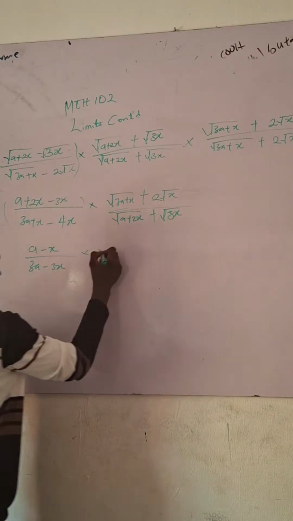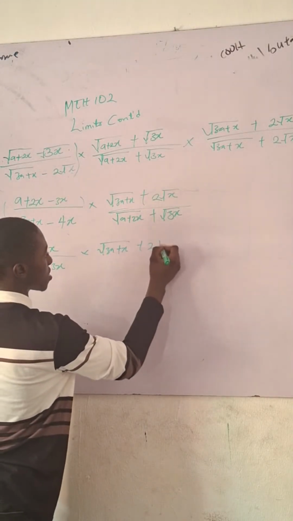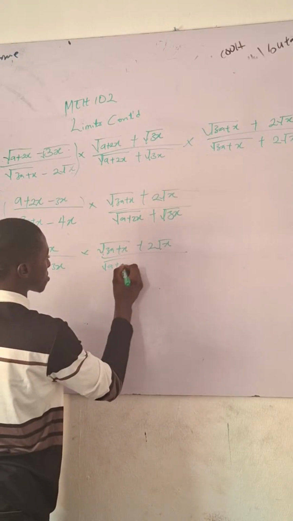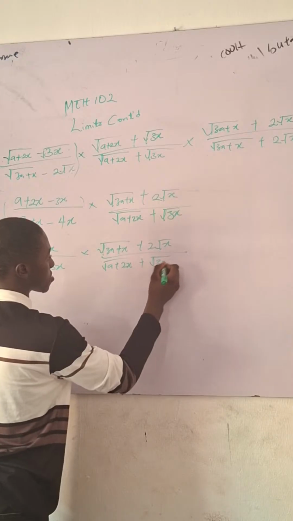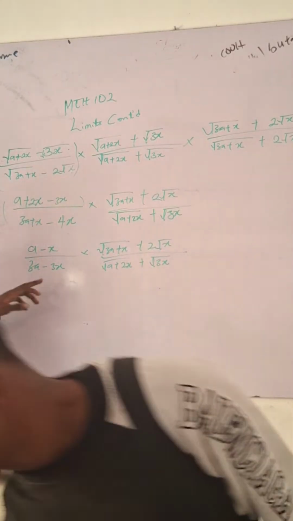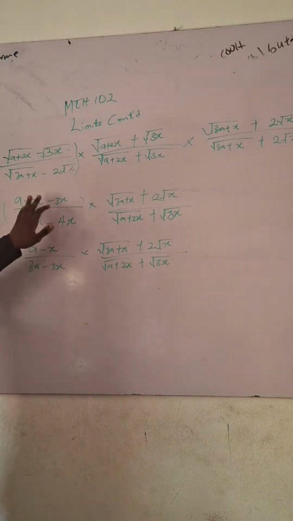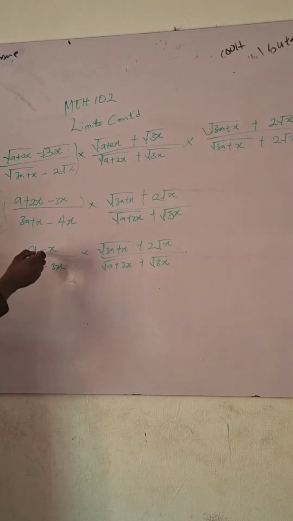Then multiply by this, root of 3a plus x plus 2 root x, all over root a plus 2x plus square root of 3x. Now, do we get to this place? Just addition, 3 minus 3 plus 2, that's minus 1.